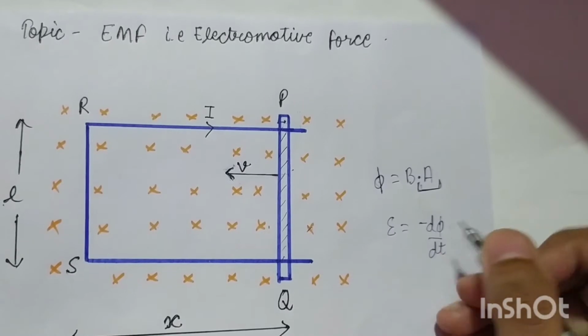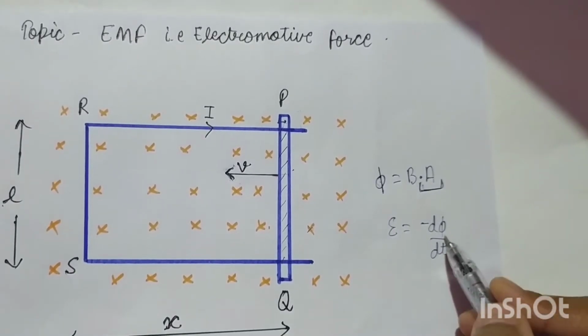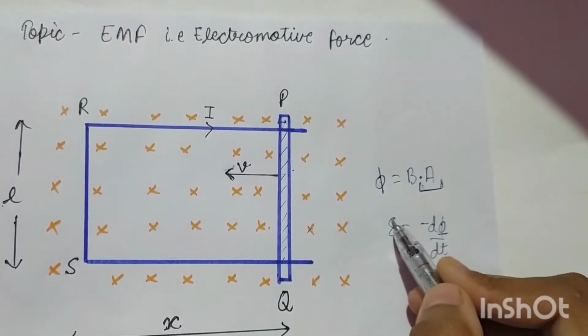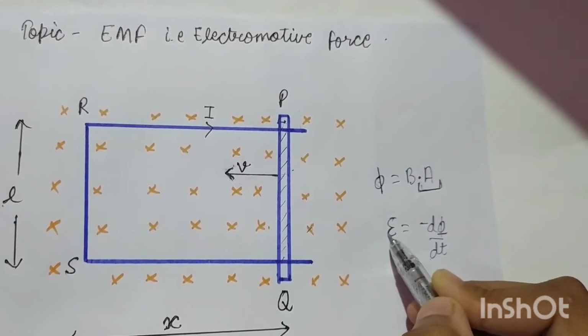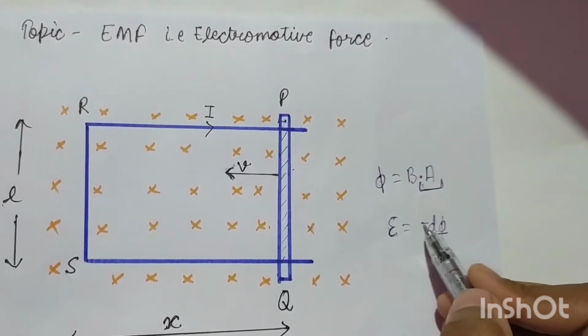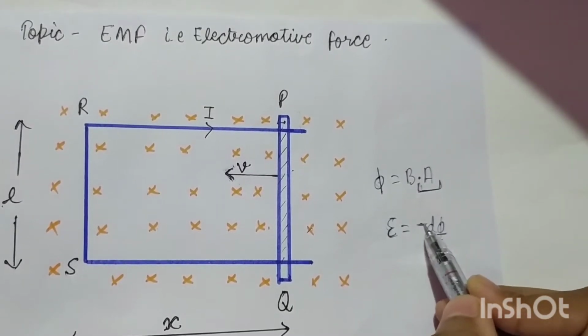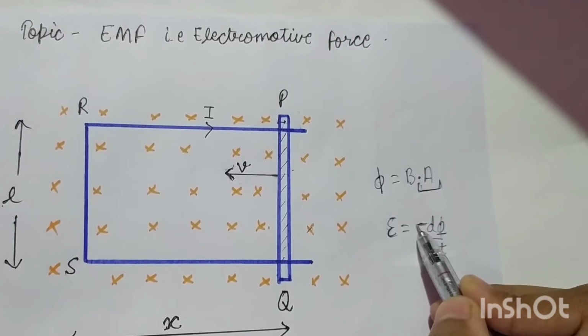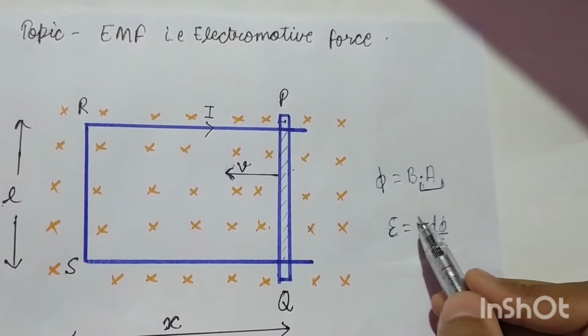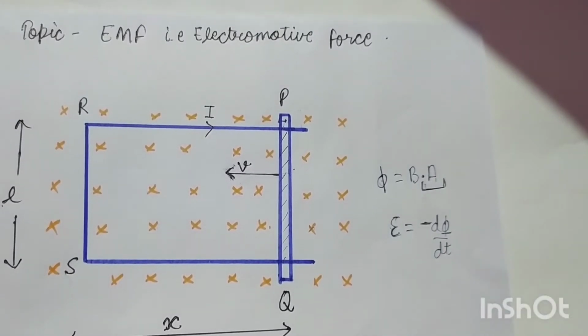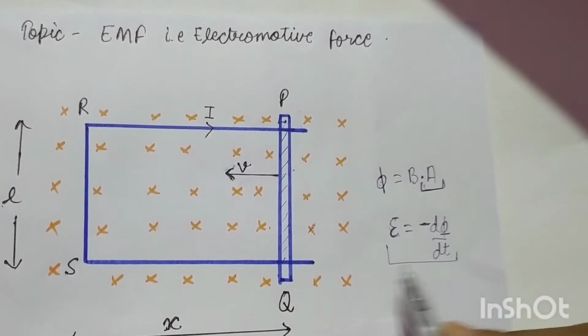What do we understand from here? That if there is a change in flux, an EMF is induced, which has a direction opposite to the cause which has produced it. So an EMF is induced in this coil.